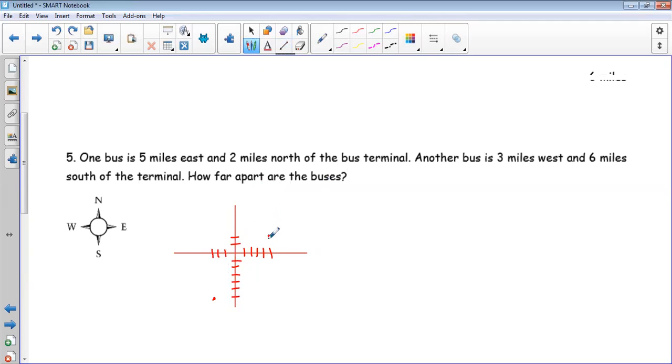So basically, 5 miles east and 2 miles north is really the point 5, 2. 3 miles west and 6 miles south is negative 3, negative 6. So how far apart are the buses? You can use the distance formula to find that. Here's a little north, south, east to west. And that is how you do the distance formula.